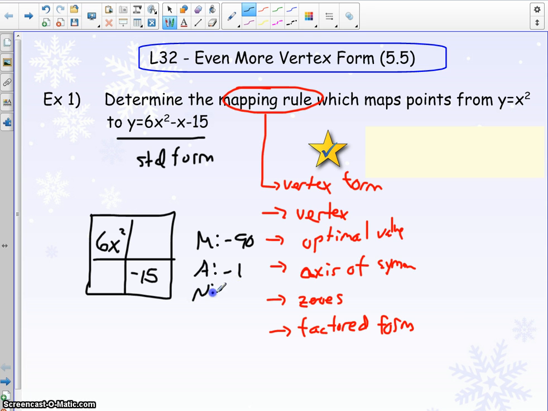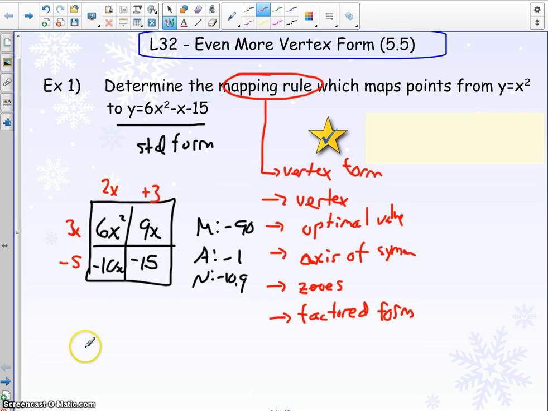Those two numbers are negative 10 and 9. So I'm going to put negative 10x and 9x in here. When I factor this, I get 3x and 2x. So I get this for factored form: 2x plus 3 and 3x minus 5.